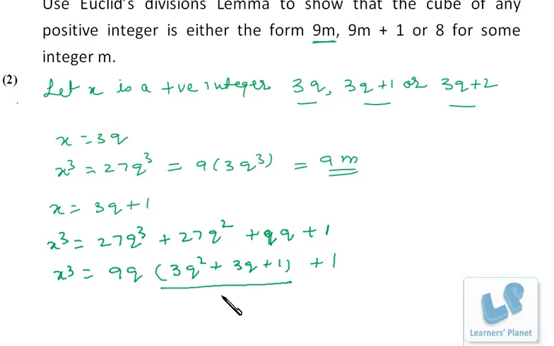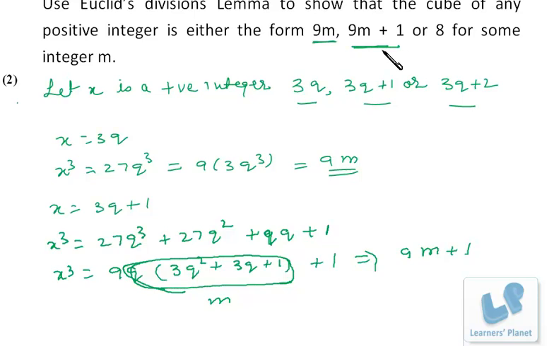Suppose this complete bracket is an integer m, so this is of the form 9m plus 1. So in the case 3q plus 1, the cube will be of the form 9m plus 1.